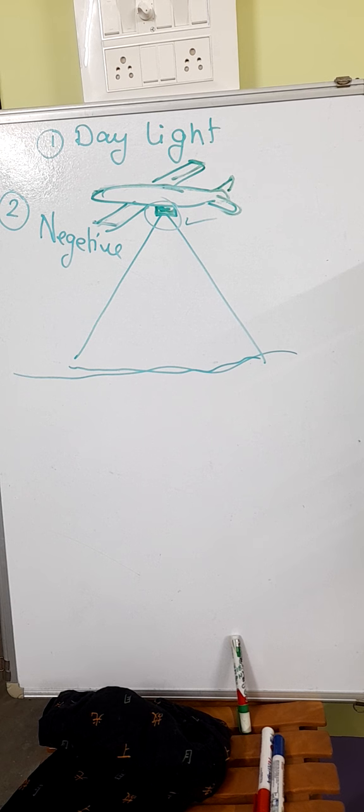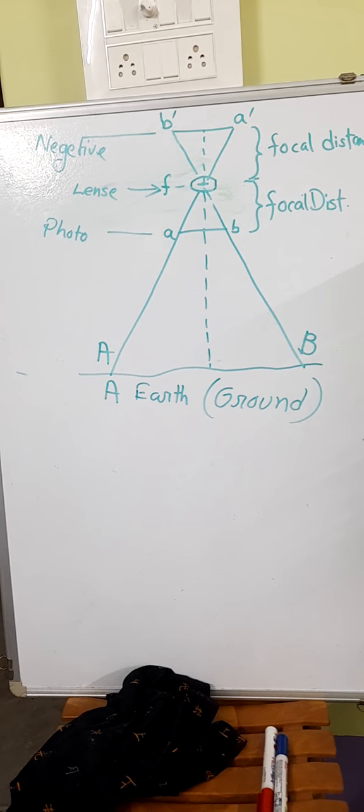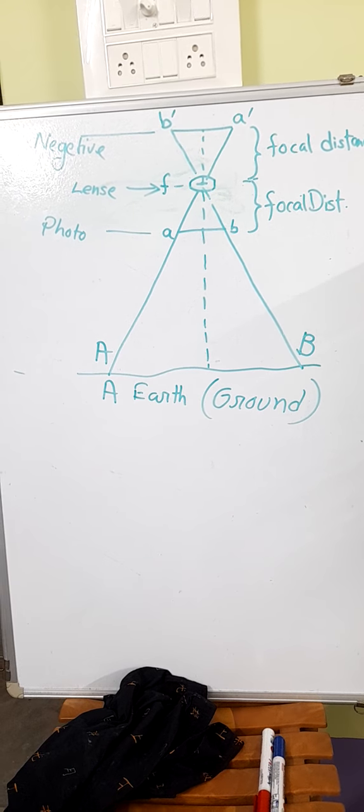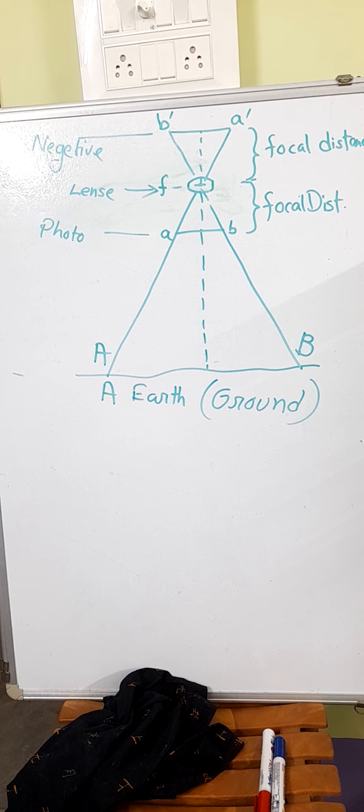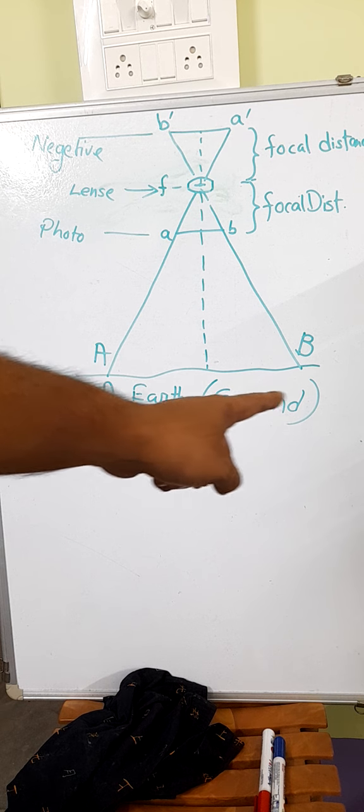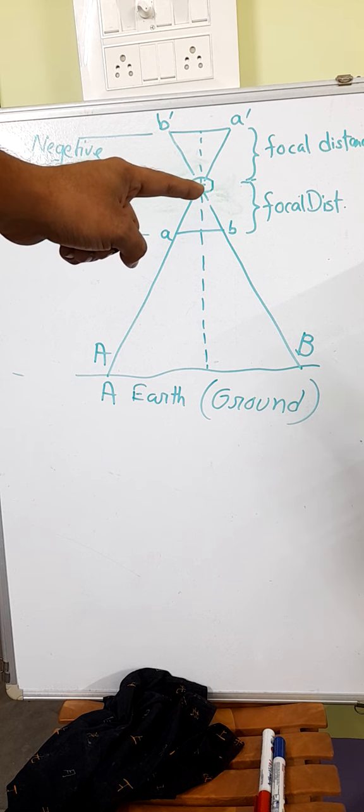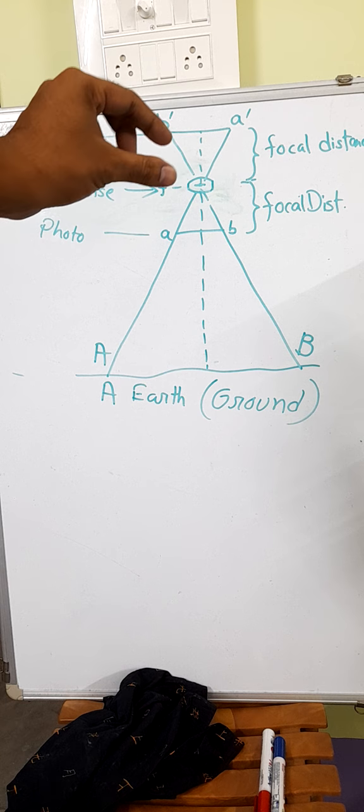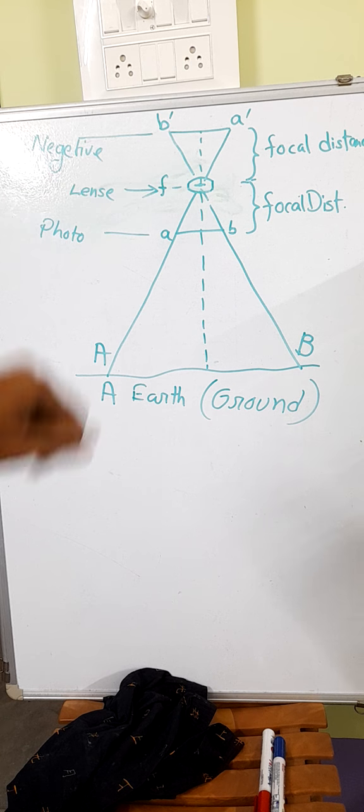Now let us move to the geometry of an aerial photograph. If we come to the basic geometry of aerial photograph, this is our ground, this is our camera, the main focus point, that means the lens of our camera.